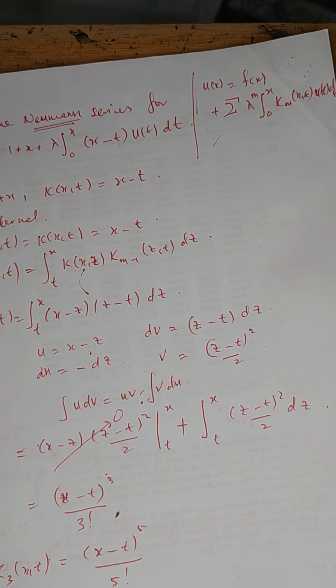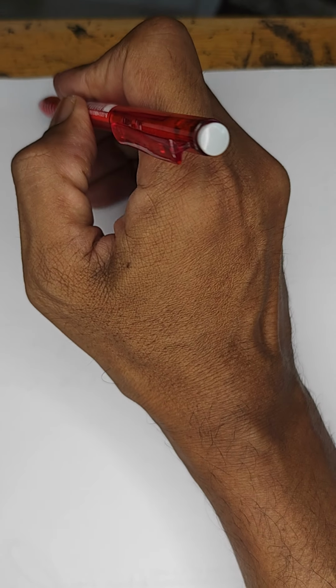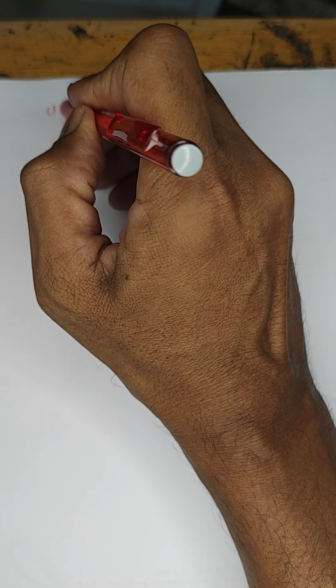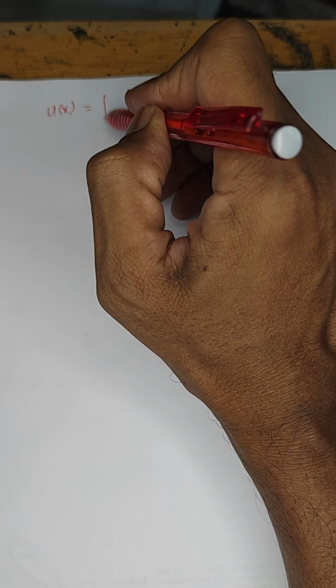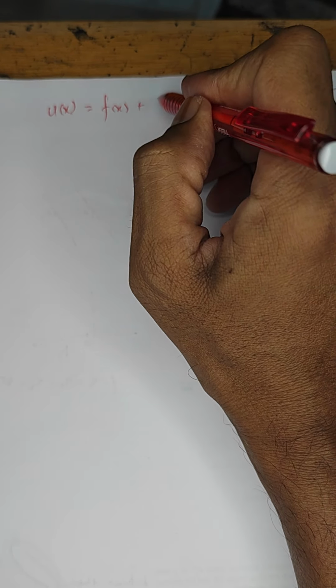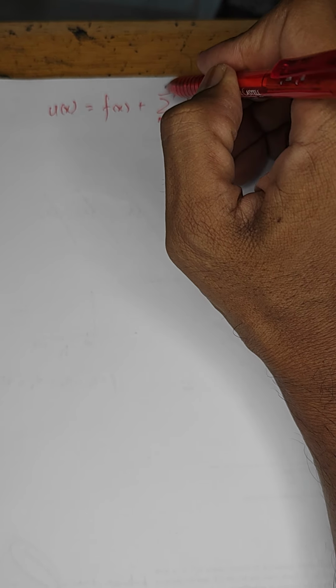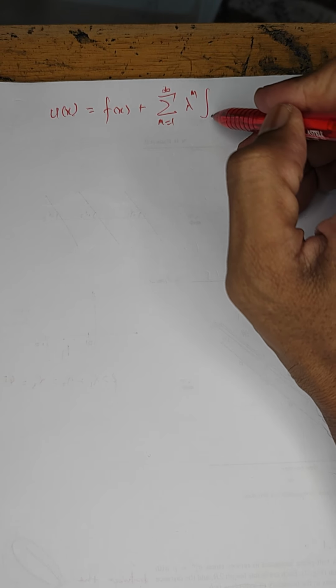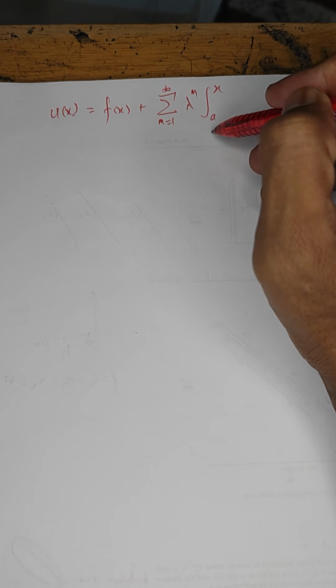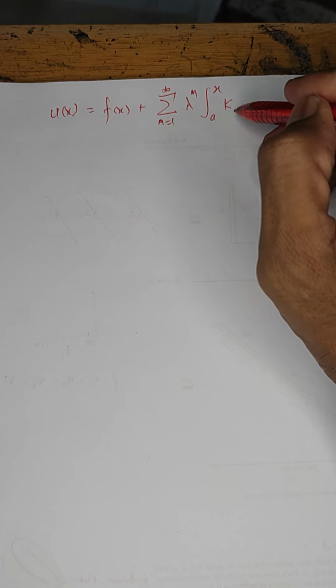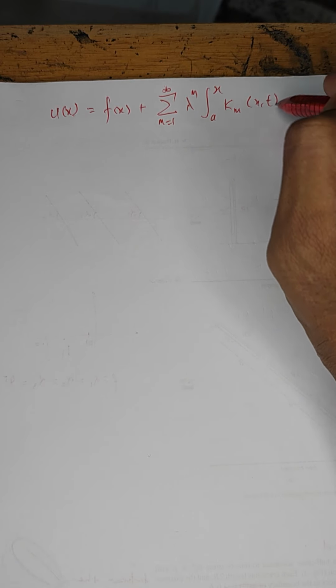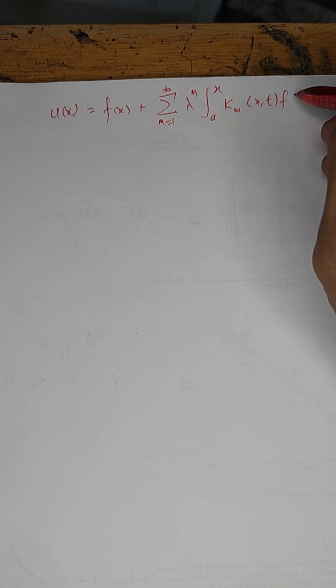So if you plug in there, the Neumann series solution is given as u(x) = f(x) + the summation of lambda^m, m from 1 to infinity, integrate a to x, where a is our lower bound of the integration, K_m(x,t) f(t) dt.